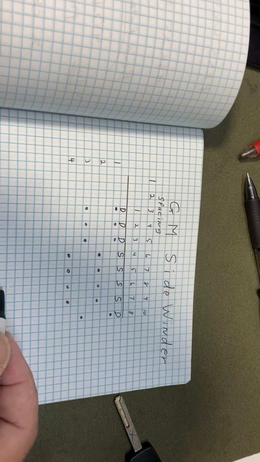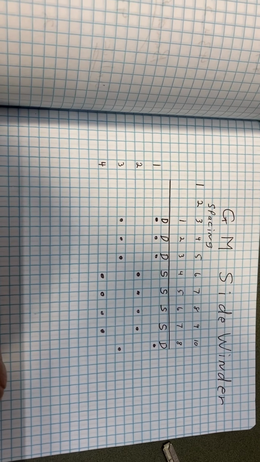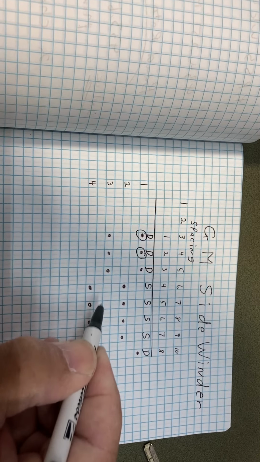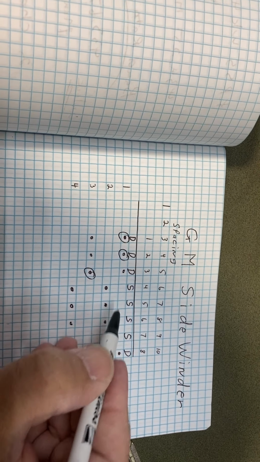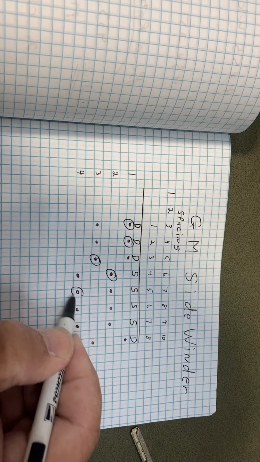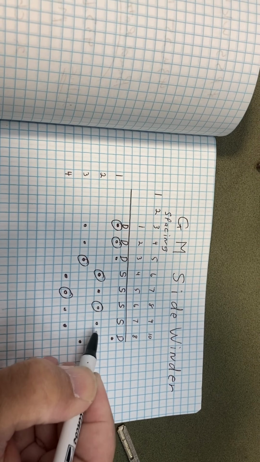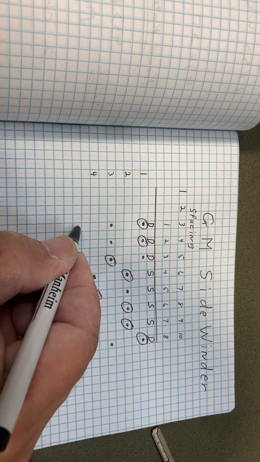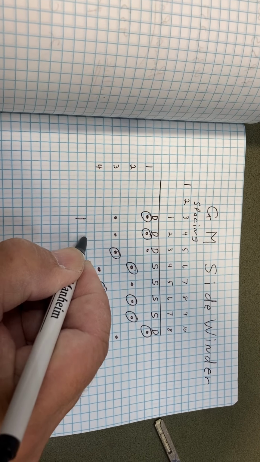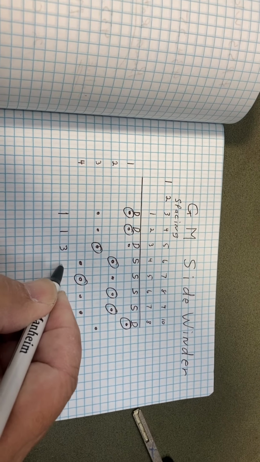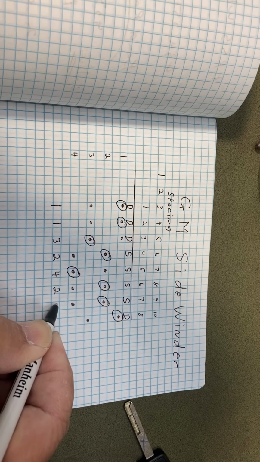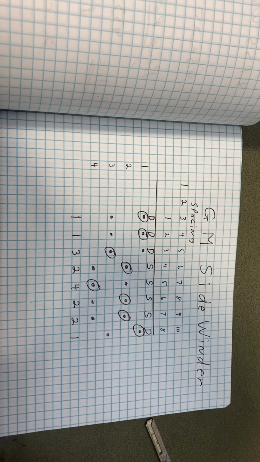So we picked the lock and decoded it, and the actual combination for the lock was 1, 1, 3, 2, 4, 2, 2, 1.